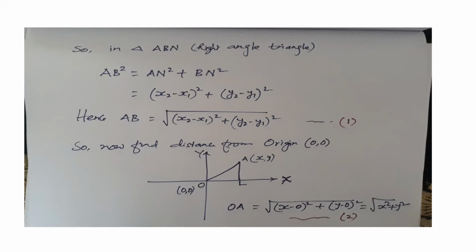Now you apply the formula we have learned just now. The distance between the origin and A, OA, is equal to root over x minus 0 whole square plus y minus 0 whole square, so equal to root over x square plus y square. This is the second formula. You always remember it and apply it whenever required. These two formulas will be used every time.